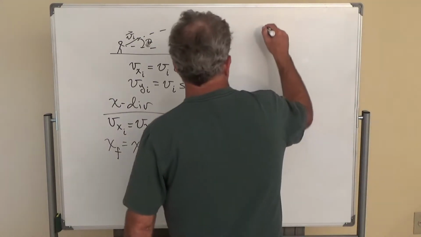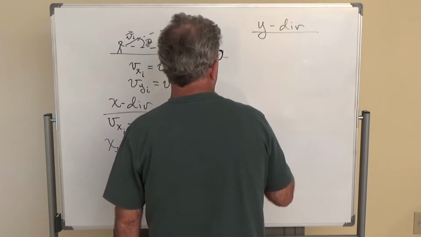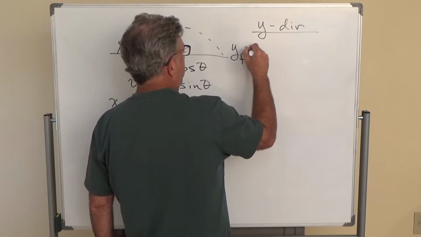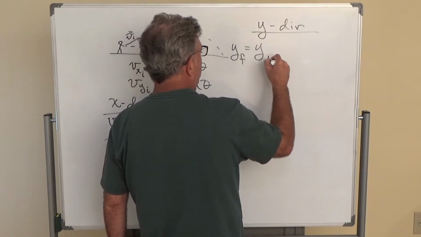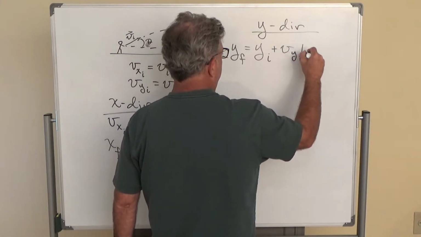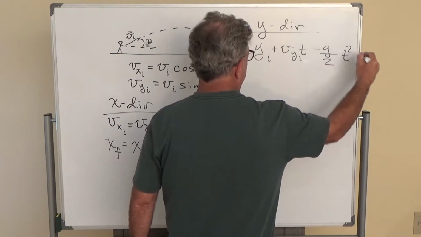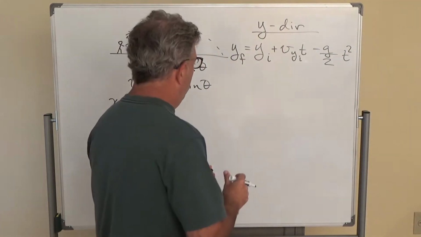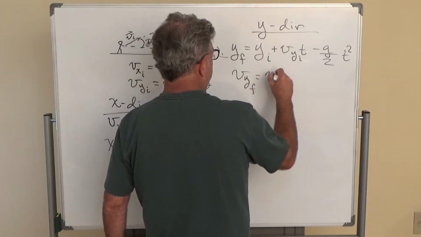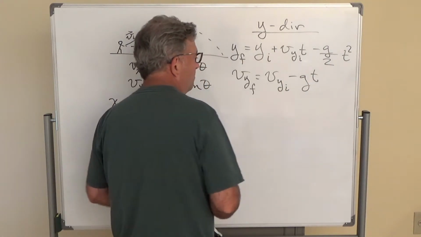In the y direction, however, there is an acceleration due to gravity. So you have that familiar equation, y final is equal to y initial plus vy initial t minus g over 2 t squared. Also, vy final is equal to vy initial minus gt.